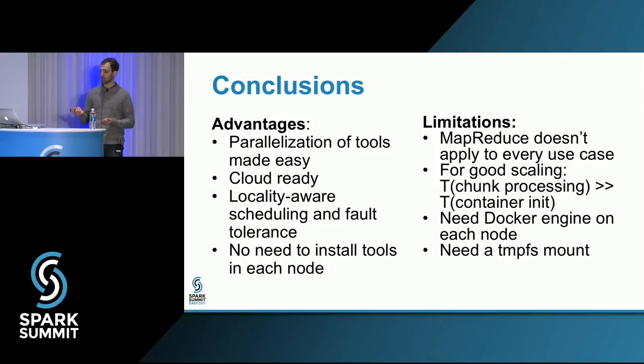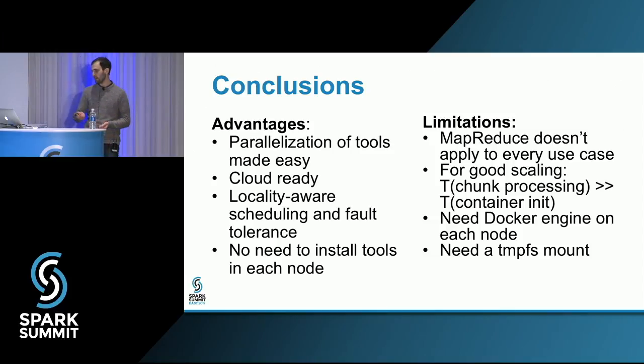Like, for example, in this example, I was loading multiple molecules inside one RDD record, so it will take a little bit more to process it. Or, if you are familiar with Spark, you can use mapPartitions, so you can pipe the whole partition through a single container. And yeah, the other two limitations are basically on configuration.